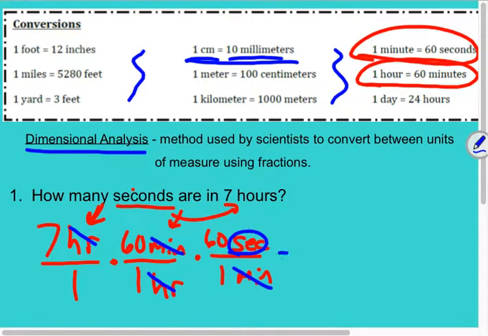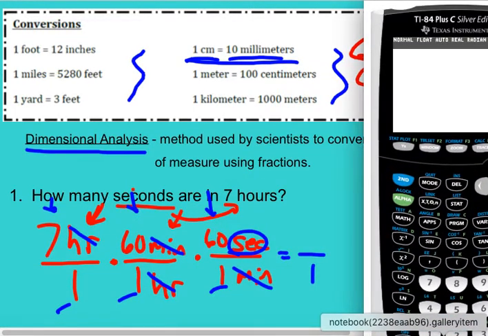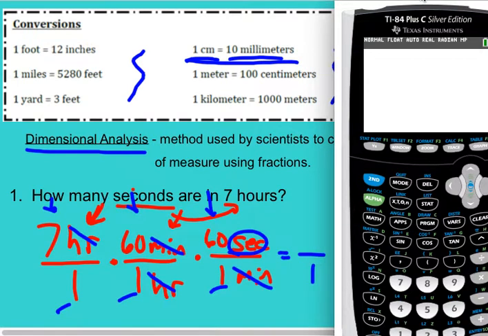Now we're going to multiply straight across. 7 times 60 times 60 over 1 times 1 times 1. So in the denominator here, we're just going to have 1. I'll pull up our little calculator here so we can figure this out. 7 times 60 times another 60.